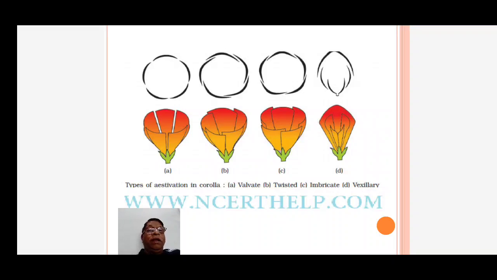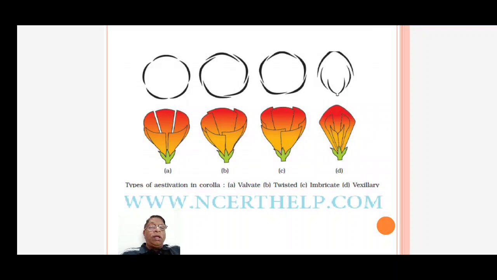First one, see, all the margins just touch each other. We call it valvate. In the second diagram, China rose, one margin is inside, other margin is outside. Inside, outside, inside, outside. We call it in and out arrangement.